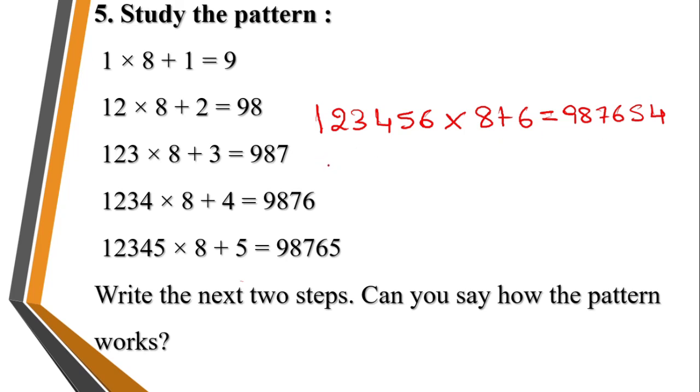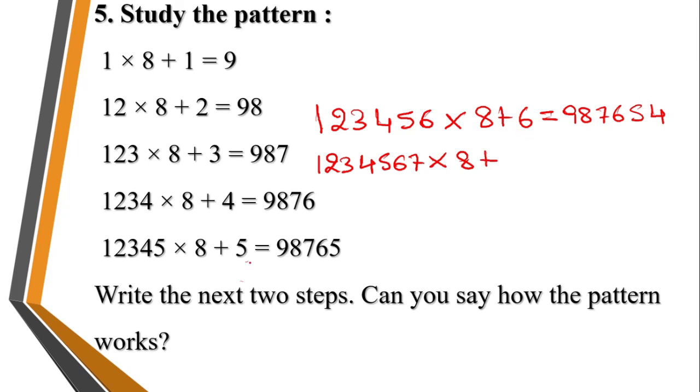Now the next step is, now here we have 1, 2, 3, 4, 5, 6 and now we should add 7 also. So 1, 2, 3, 4, 5, 6 and 7 and multiply operation multiplied by 8 because in all the rows we have 8, right? Plus here we have 6.